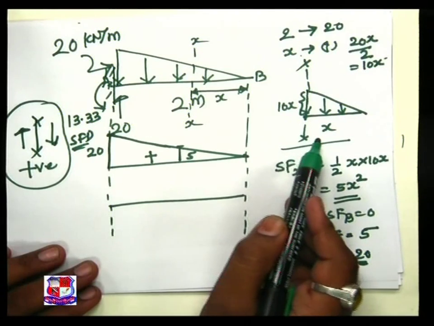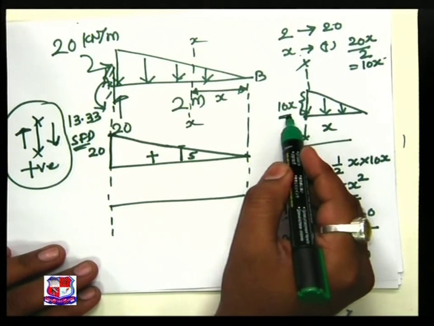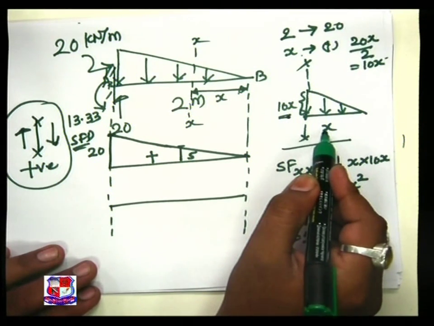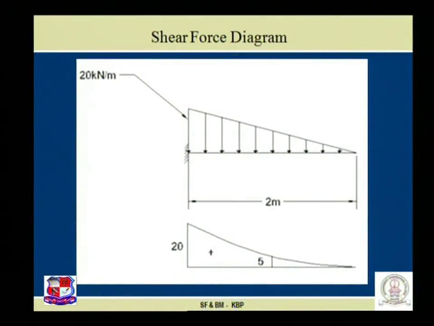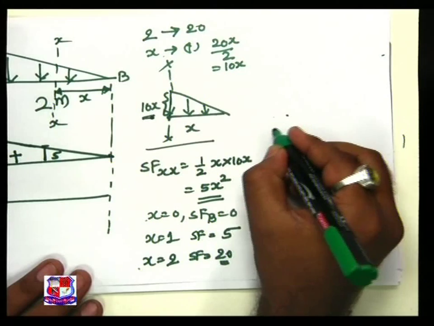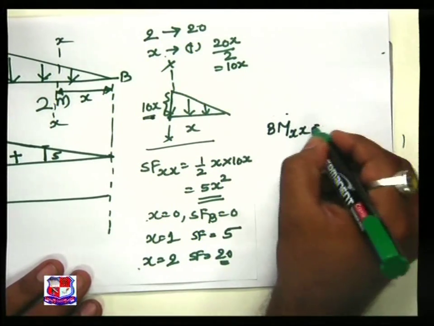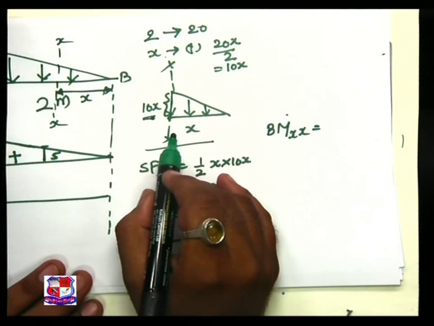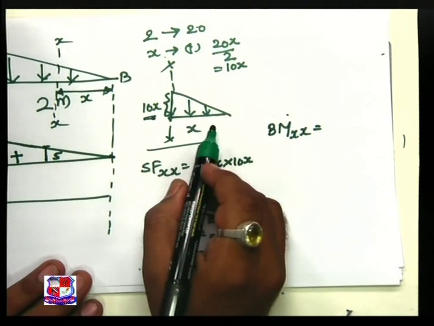We know this vertical ordinate as we understood in case of the shear force diagram. This is 10x, this distance is x. Now switch over here, tabletop. Bending moment at xx is equal to the algebraic sum of the moment of the forces to the right side.